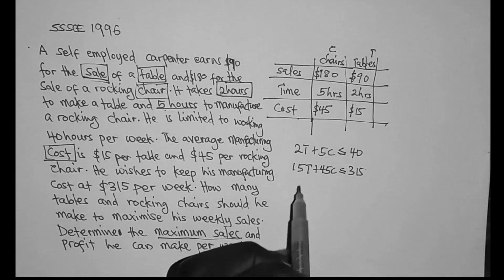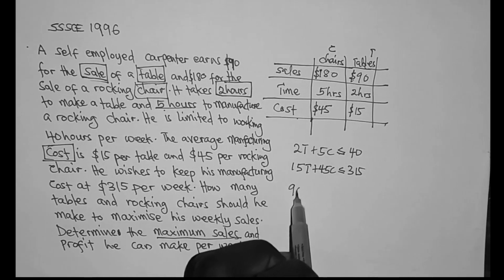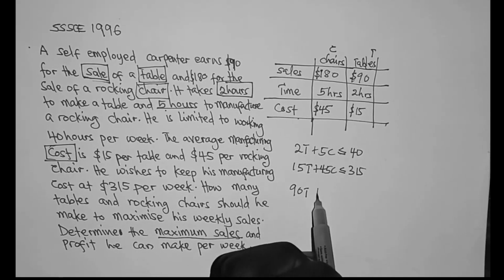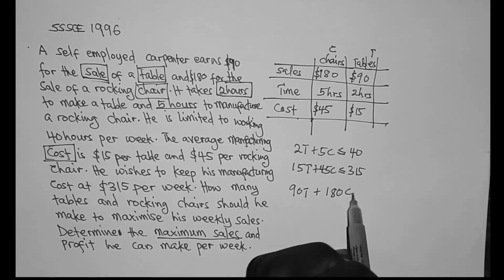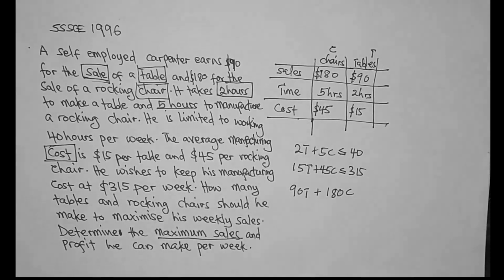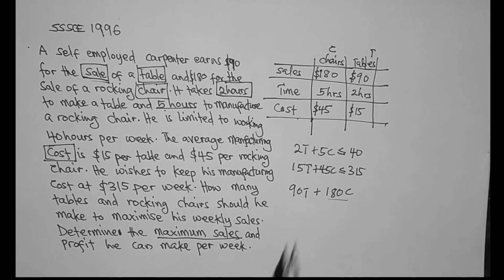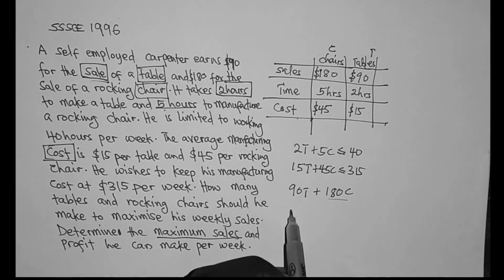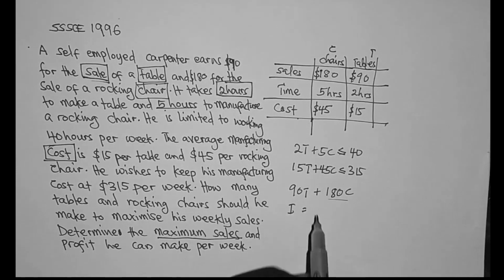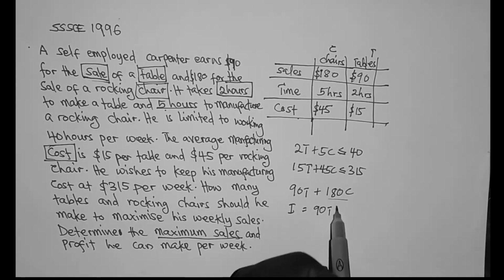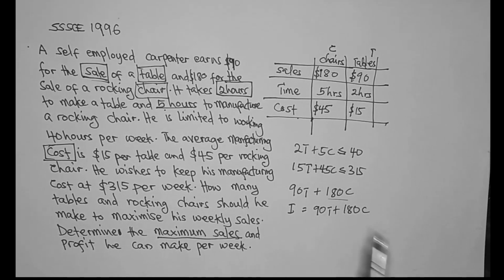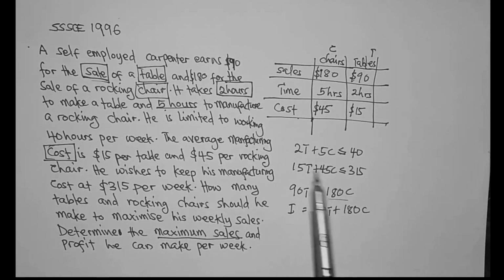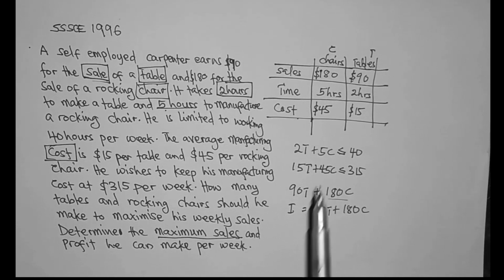So 90T plus 180C per chair is the objective function, and therefore I is equal to 90T plus 180C.